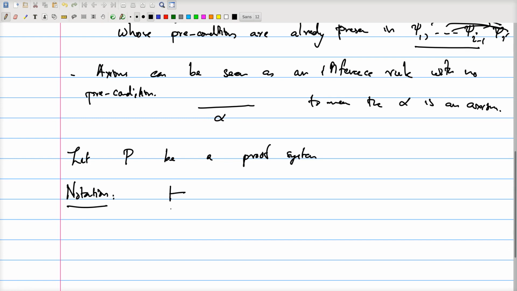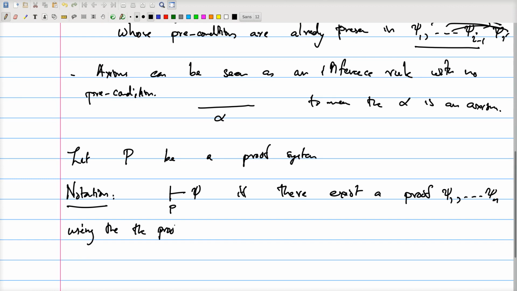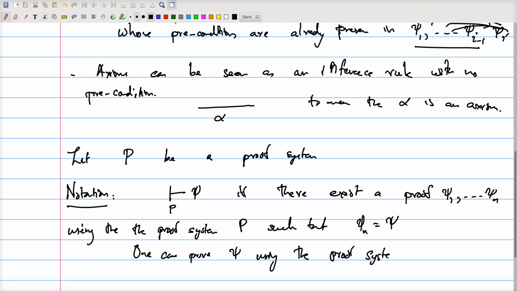We say C is provable if there exists a proof C1 through Cn using the proof system P such that Cn is C. In other words, one can prove C using the proof system P. Compare this with this, which semantically means C is valid.